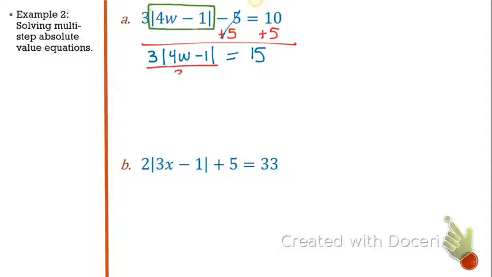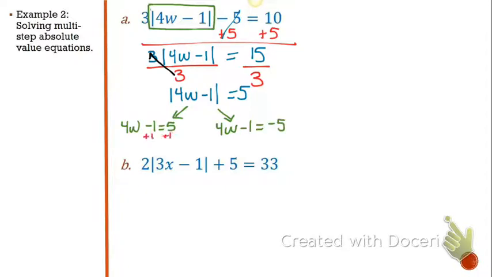Okay, so we're going to divide everything by 3. 3 divided by 3 is 1. So then that means that this cancels out. So we're left with the absolute value of 4W minus 1 equals 5. Now we can go ahead and split it up into the positive 5 and the negative 5. And then we would be ready to solve.